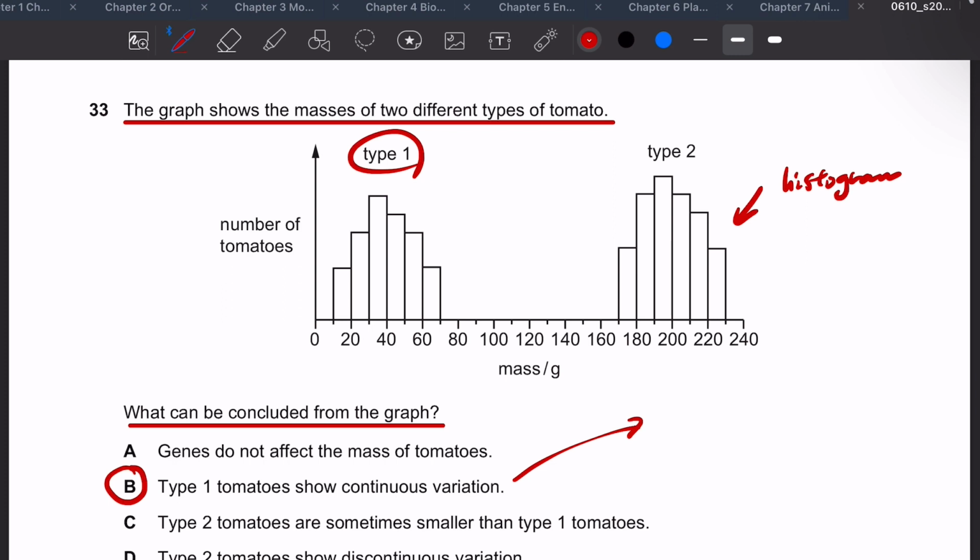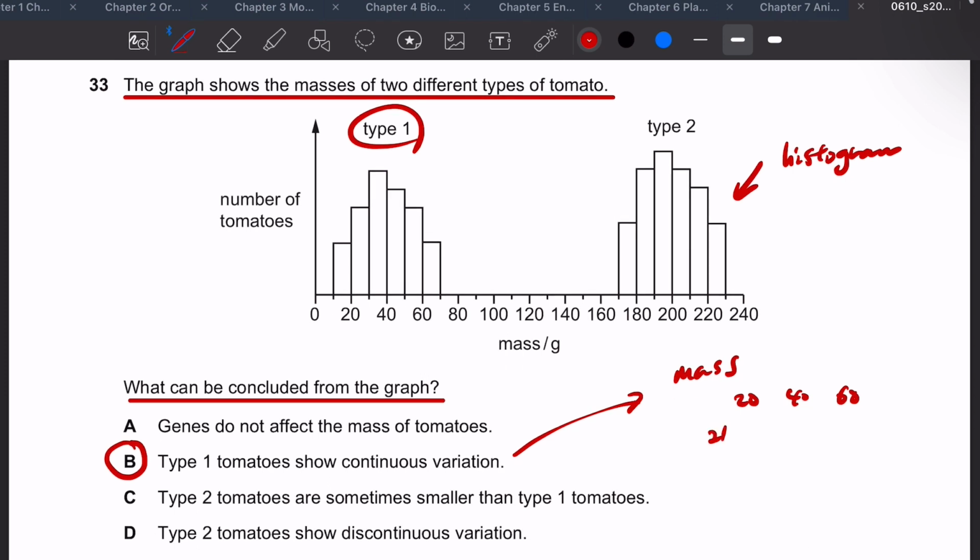So for instance, like mass, there's not only just 20 grams or 40 grams or 60 grams, but also there are 21 grams, 22 grams, and even like 21.12 grams, 21.213 grams, and so on. So there are many intermediate values in between the intervals.